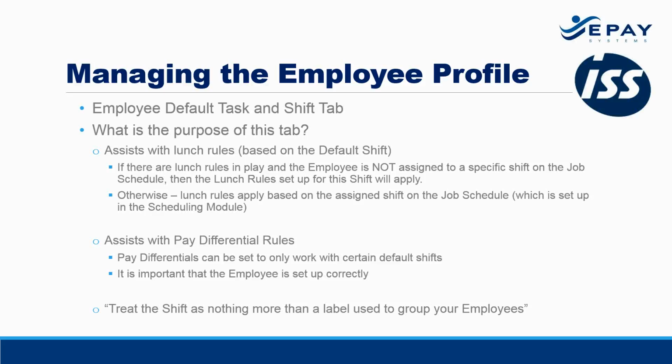So if you have an employee working an 8 to 5 shift today, and they normally work the 5 to midnight shift, and the 5 to midnight shift normally doesn't have lunch, but today they're working the 8 to 5 shift and it does take out an hour lunch for them, then the system automatically knows to adjust, because we're using the scheduling module, and the schedule dictates what the employee gets. Since we're not using the scheduling module in about 75% of our jobs, those jobs are going to fall straight to the default shift alone that's on the employee profile, which I'll talk about next.